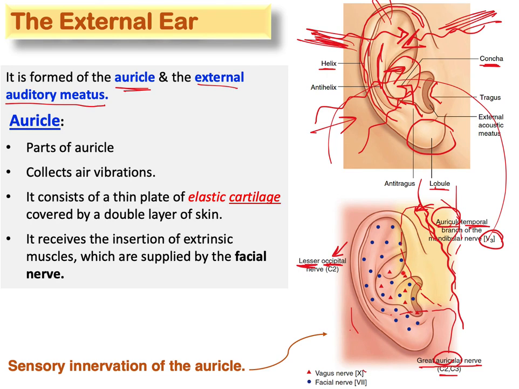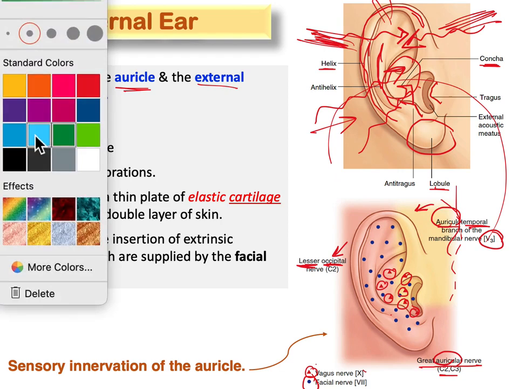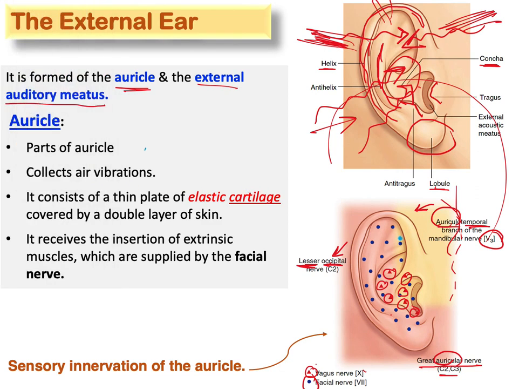Now the auricle itself, the sensation from there is carried by two nerves, the vagus nerve and the facial nerve. Mostly in the center, you have these red triangles, which is the vagus nerve, right? And peripherally on the auricle, you have the facial nerve. So cranial nerve number 7, and in the center number 10.